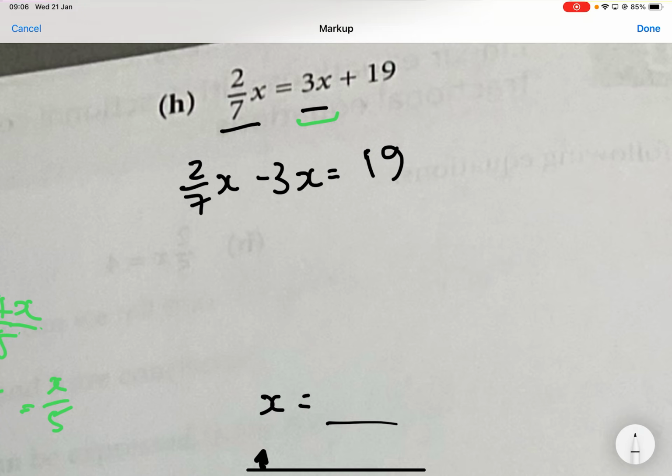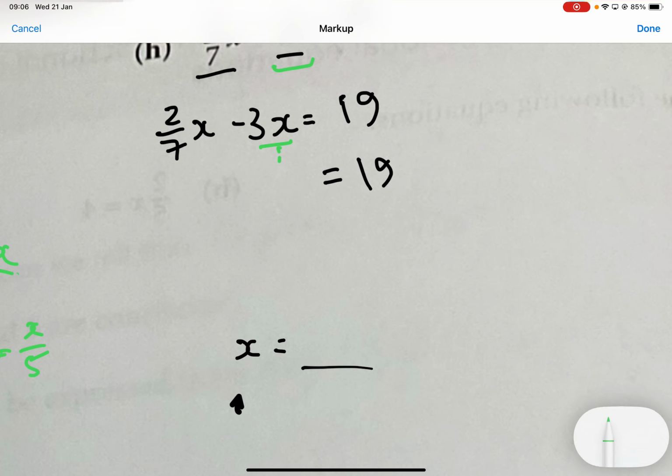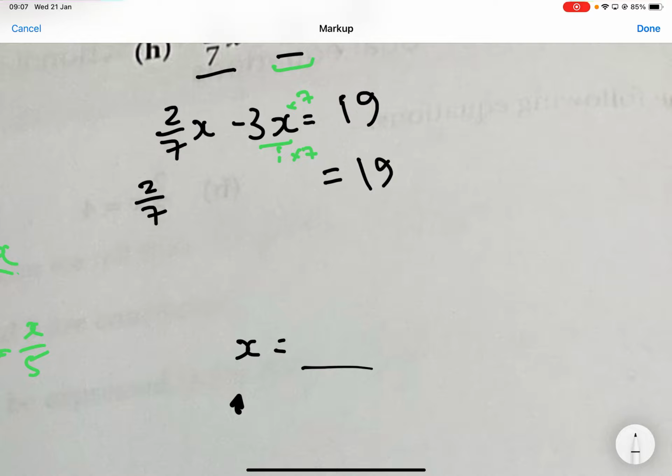Okay? Then I need to simplify my left. I need to keep my right. How can I subtract these two? I need to go back to my subtraction of fractions. Okay? 2 over 7x minus 3x. 3x is like 3x over 1. So if I want to subtract, I need to make a common denominator. I need to multiply by 7, multiply by 7. So my left hand side will become 2 over 7 x minus 21x over 7.